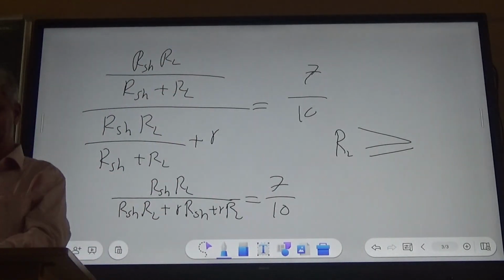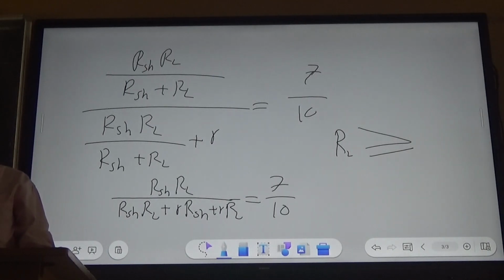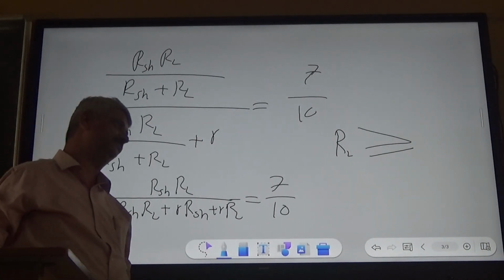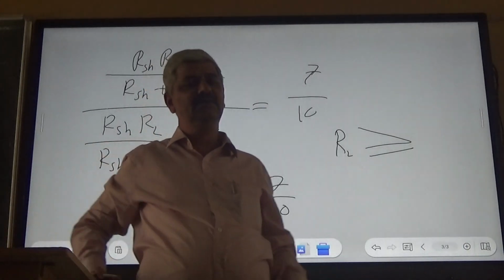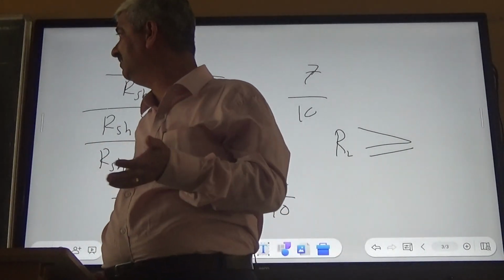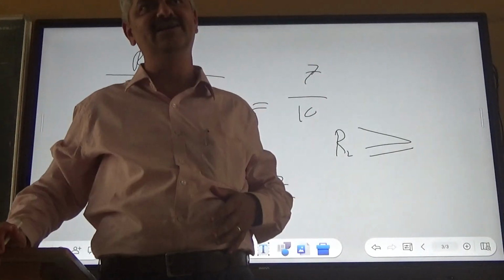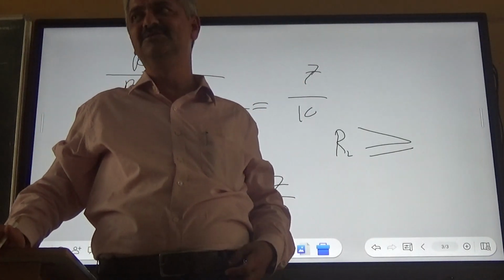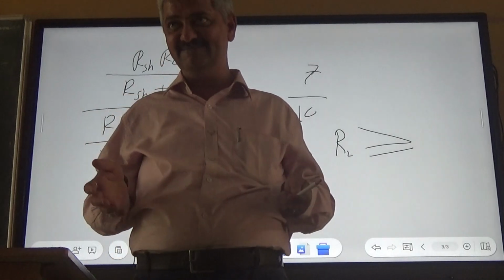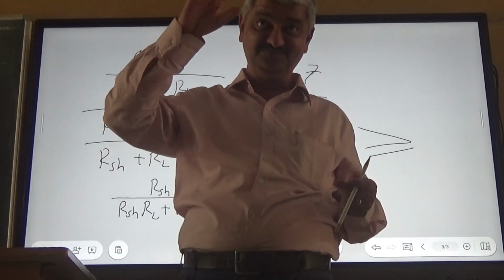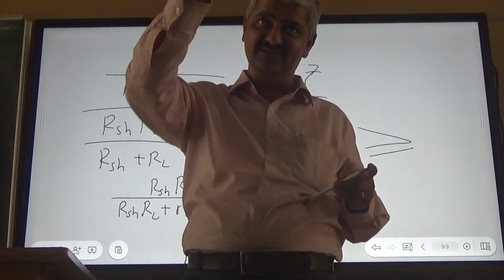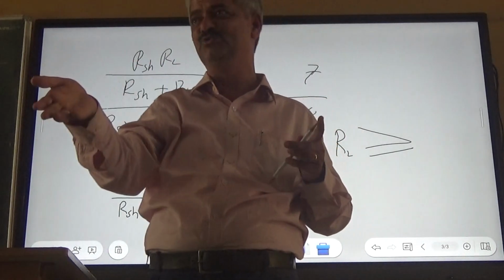Now the question is, is it possible that for every regulator one person can be employed? One person will require one voltmeter, one knob and an individual. So that can't be done.